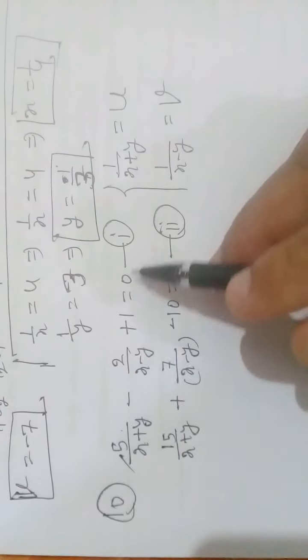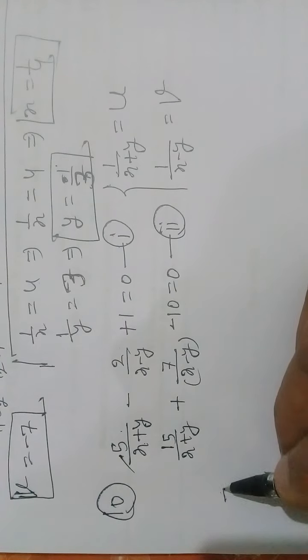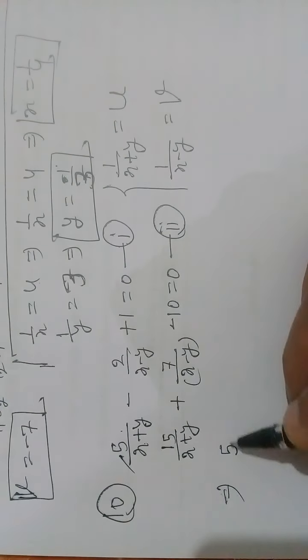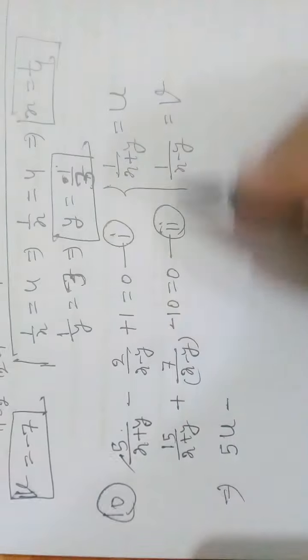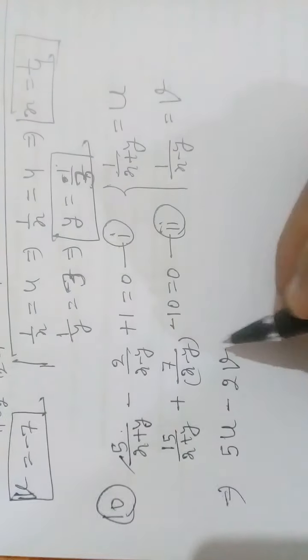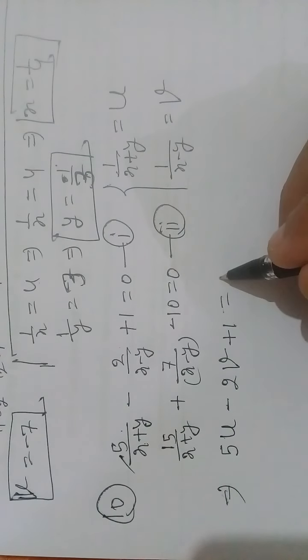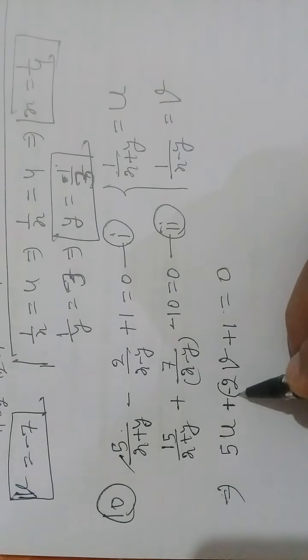Putting these values respectively in equations 1 and 2, we will get 5u minus 2v plus 1 is equal to 0.